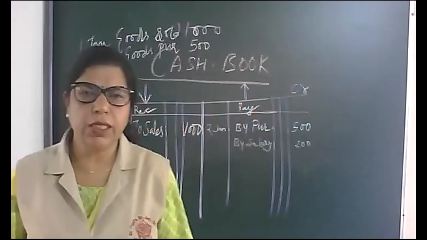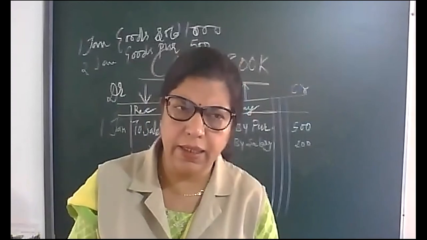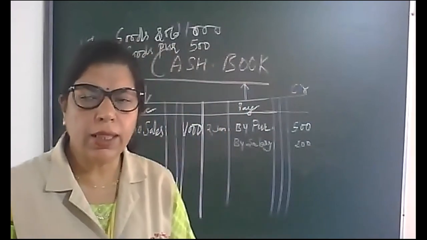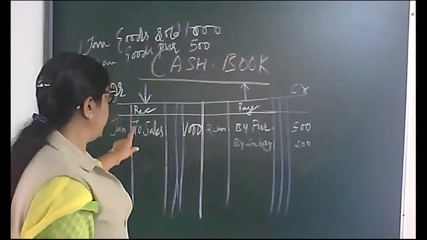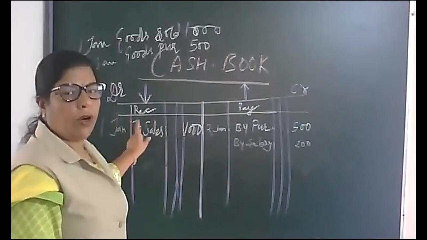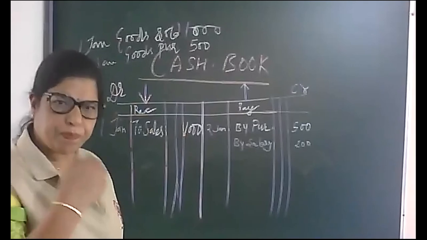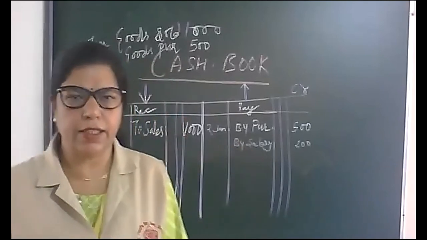Okay. So this is the concept for making a cash book. Very easy concept. You just note down all the receipts, all the inflows on the debit side, and all the payments, all the outflows on the credit side. This is the easiest way.